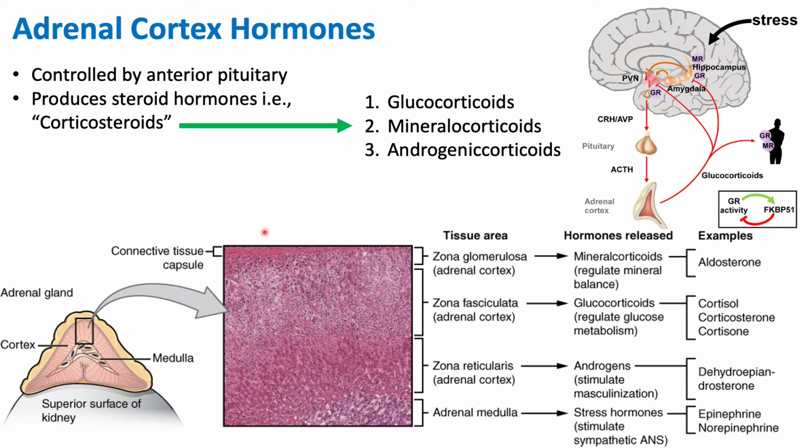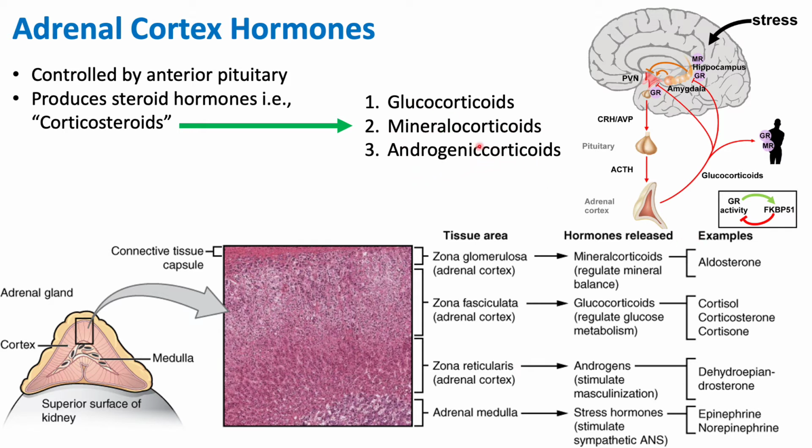And this is going to be very important later on because we'll understand that this type of response, the steroid hormones, is actually more slow acting in comparison to the hormones that are produced by our medulla in the adrenal gland. So the types of steroid hormones are referred to as corticosteroids, and these corticosteroids have three subcategories. We have the glucocorticoids, the mineralocorticoids, and the androgenic corticoids.